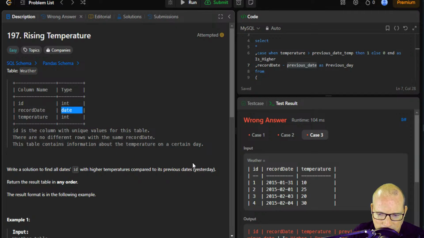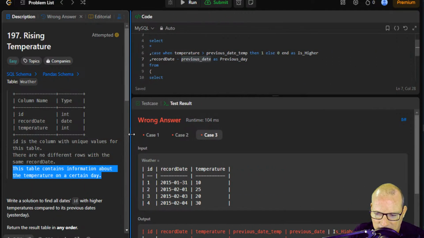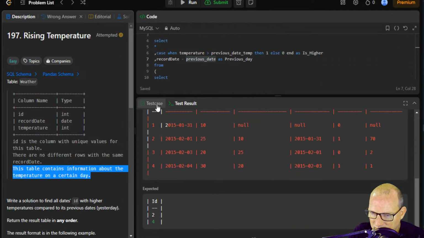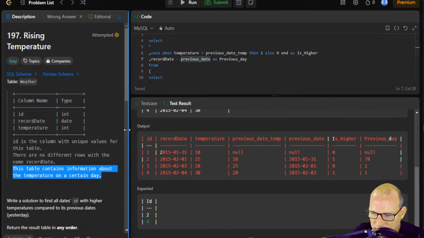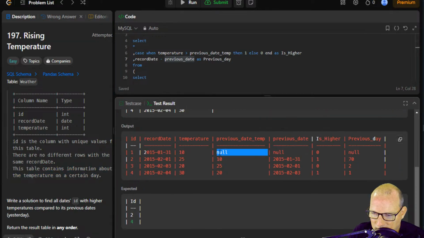There's no different rows with same day. Okay. All right, contains information about day and current day. Let's slide this over just a touch, make it all fit. There we go. So previous temperature, null, null, 0, which is understandable. Null, okay.